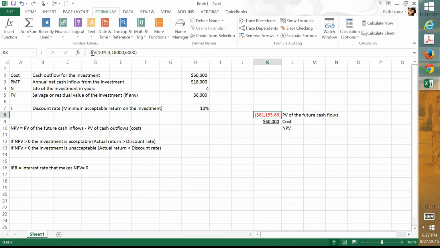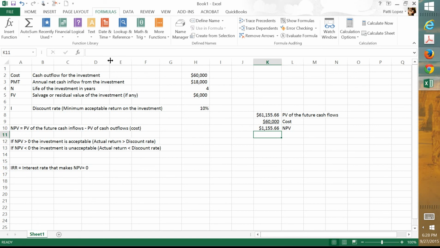In order to get rid of the negative sign, put a minus sign there, and we see that $18,000 a year for the next 4 years plus $6,000 at the end of 4 years at a discount rate of 10% is equal to $61,155.66 today. We subtract the cost, and we see that the net present value of this investment is $1,155.66. So yes, Big Al should purchase the pizza oven.